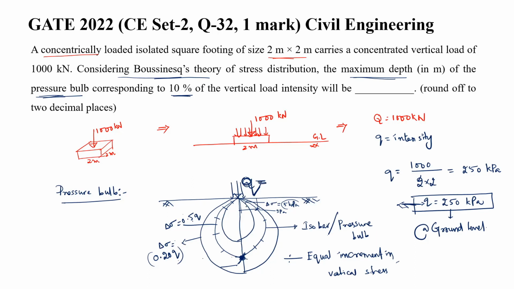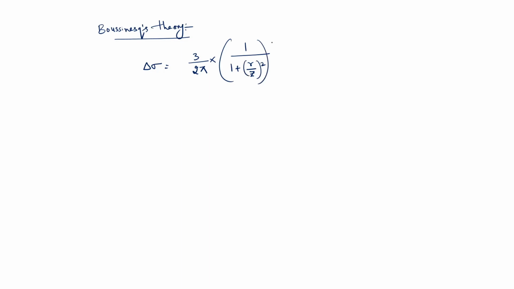Now we will write the Boussinesq formula. According to this theory, the increment in the vertical stress is given by delta sigma equals 3 by 2 pi into 1 by (1 plus (r by z) whole square) to the power 5 by 2, into Q by z square.